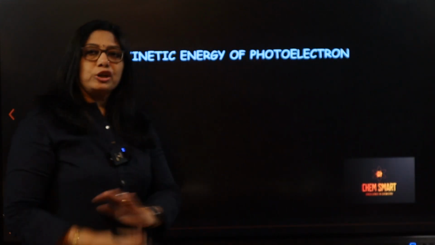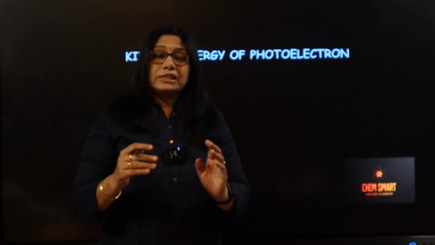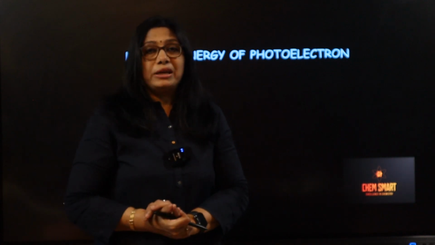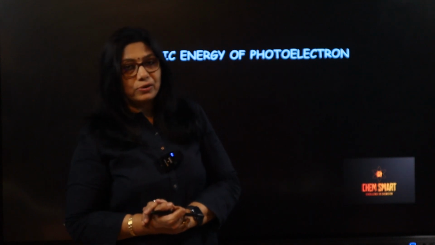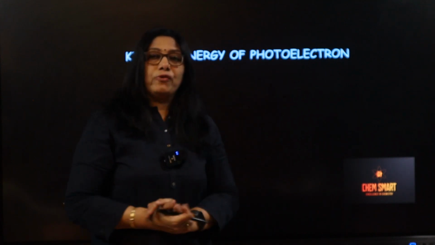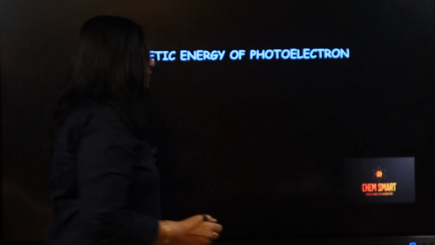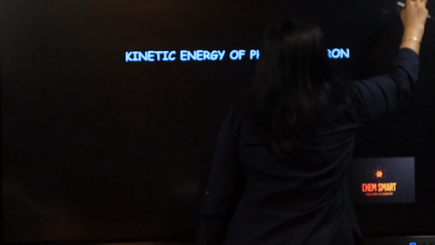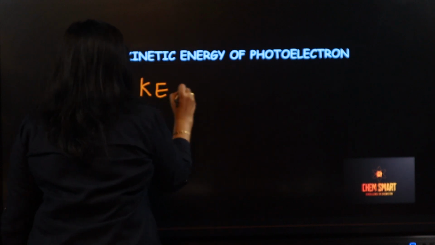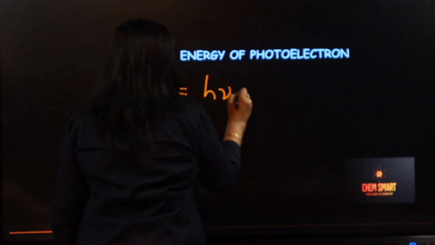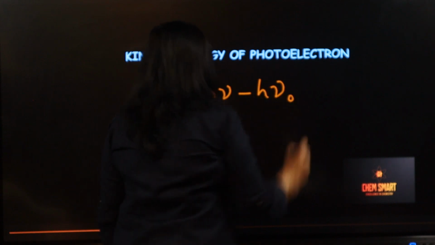Now, the next one. Kinetic energy of a photoelectron. Photoelectrons are ejected from the metal surface when light of appropriate frequency falls on the metal surface. So what is the kinetic energy of such photoelectrons ejected? The formula is h nu minus h nu 0.